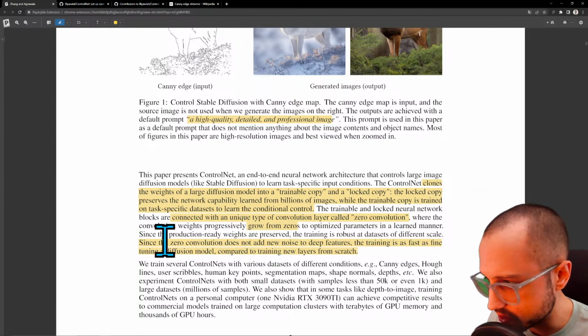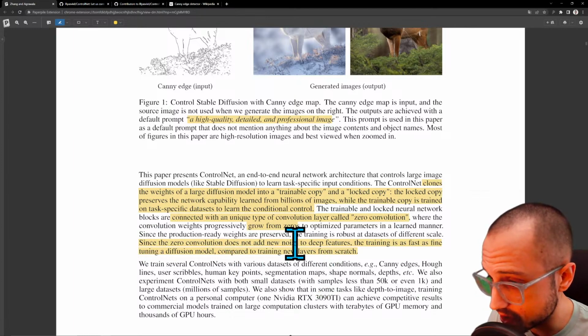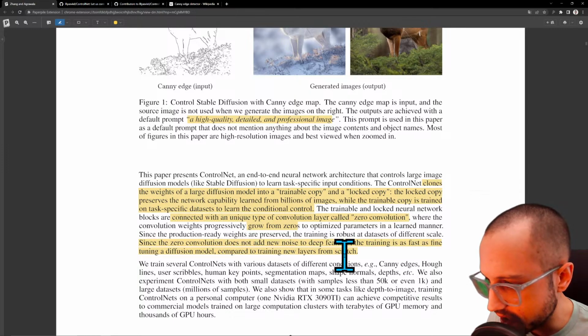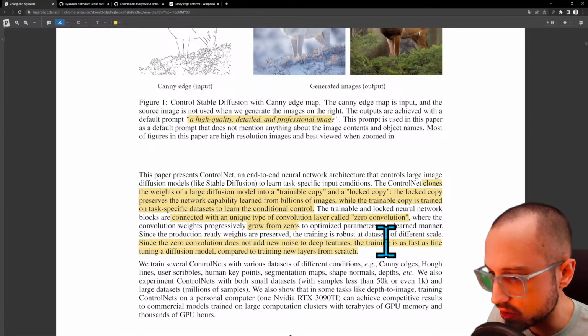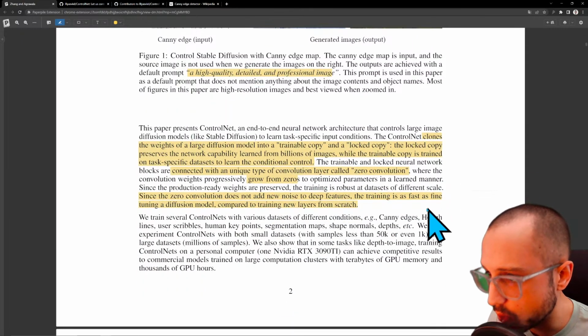Here, all the weights on the zero convolution layers are just zero. So very quickly you start pushing a little bit of gradients in there, and it will very quickly get to a point where it's usable.